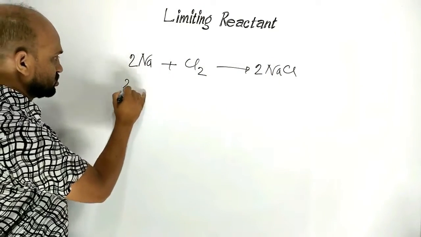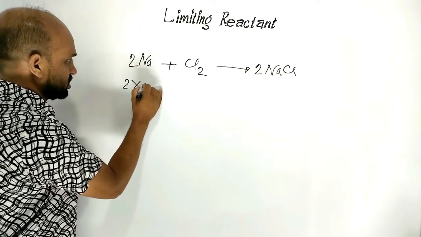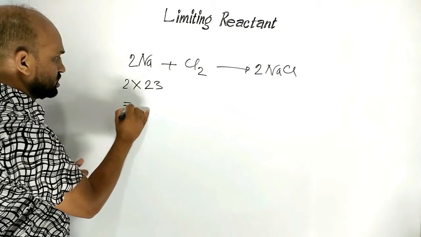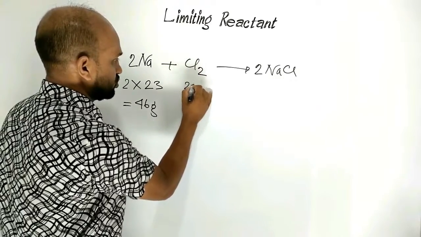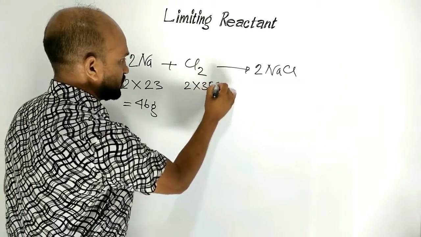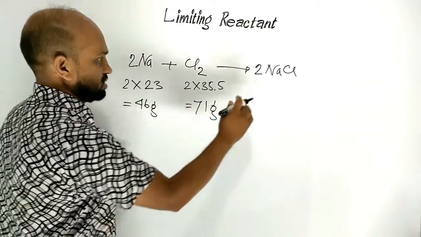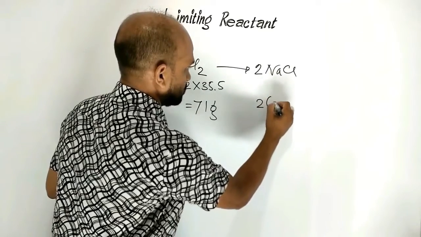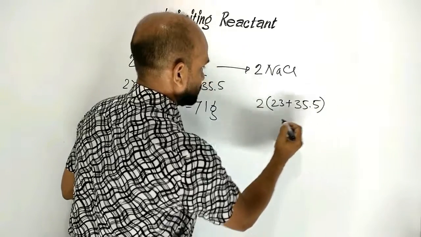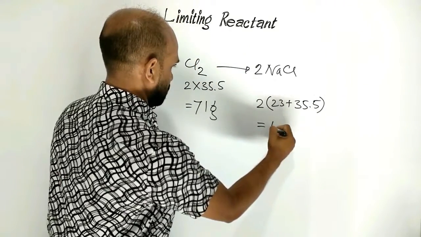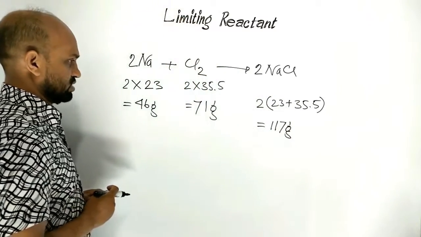In this case 2 into sodium, the gram atomic mass of sodium is 23, so it will be 46 gram sodium, and chlorine will be 2 into 35.5, which is 71 gram chlorine, and here 2 into 23 plus 35.5, so it will be 117 gram of sodium chloride.